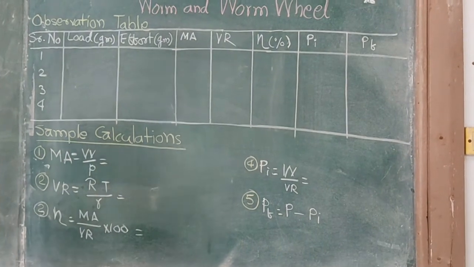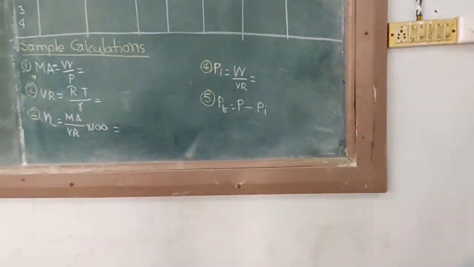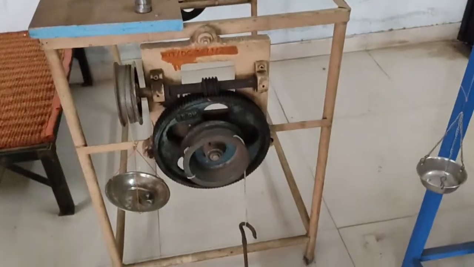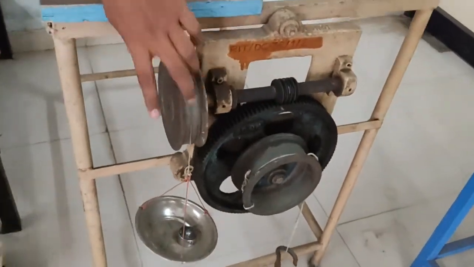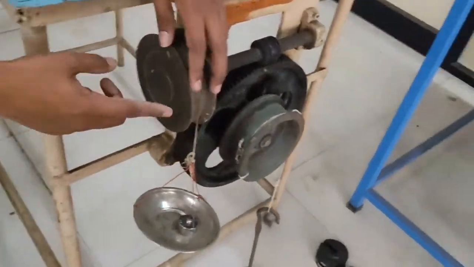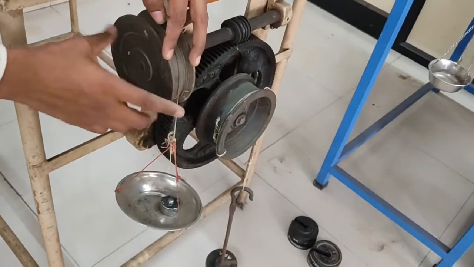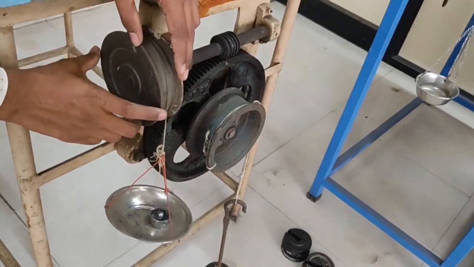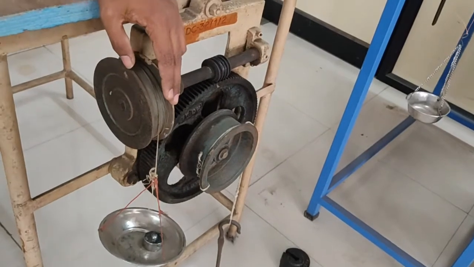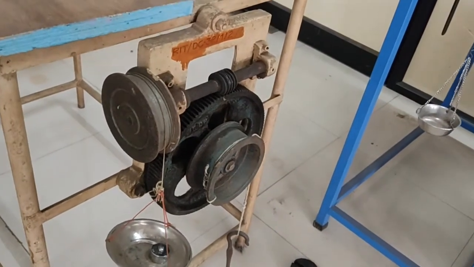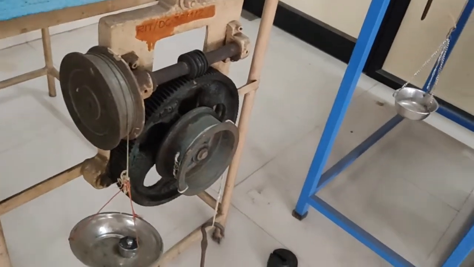So now we have to calculate the radius of the effort wheel. So here is an effort wheel. I am going to measure first of all the diameter of the effort wheel, and by measuring the diameter we are going to find out the radius of the effort wheel.